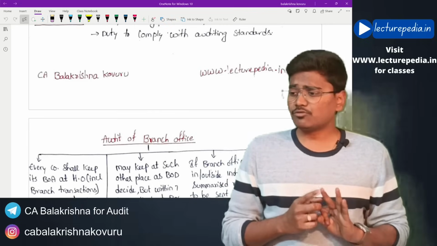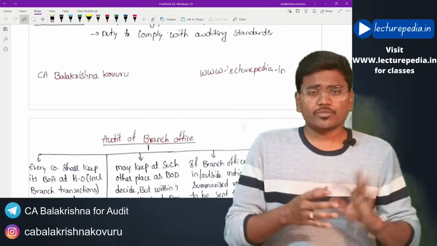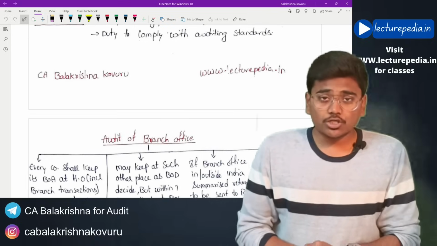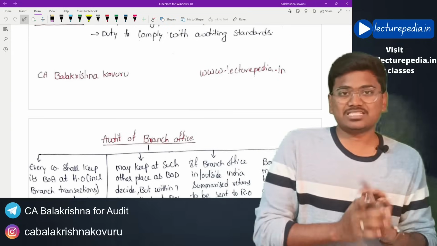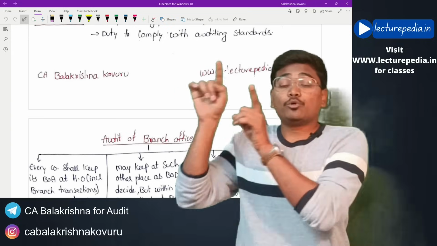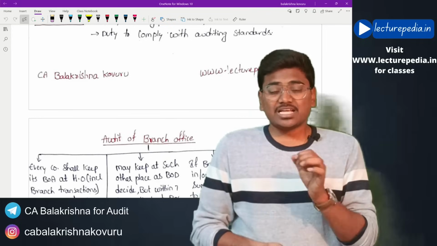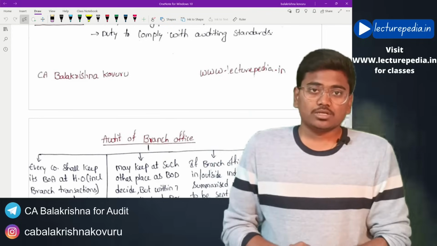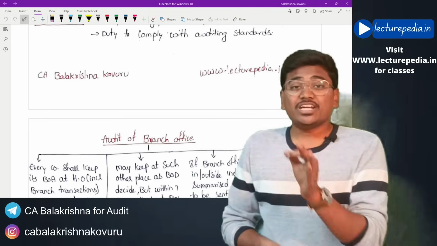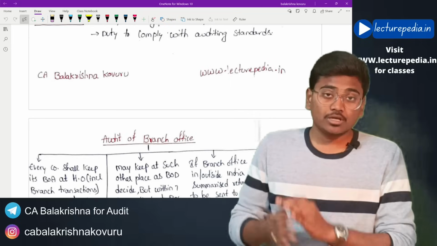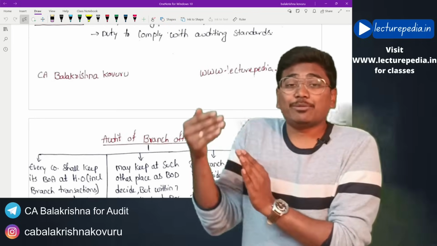There is one more point that has to be reported, but I don't remember that point. This has to be reported by the auditor to the audit committee if the amount involved is less than 1 crore rupees. If the amount involved is more than 1 crore rupees, then within 2 days he has to first report the fraud to the audit committee or board of directors, and he should wait for 45 days for them to give their reply.